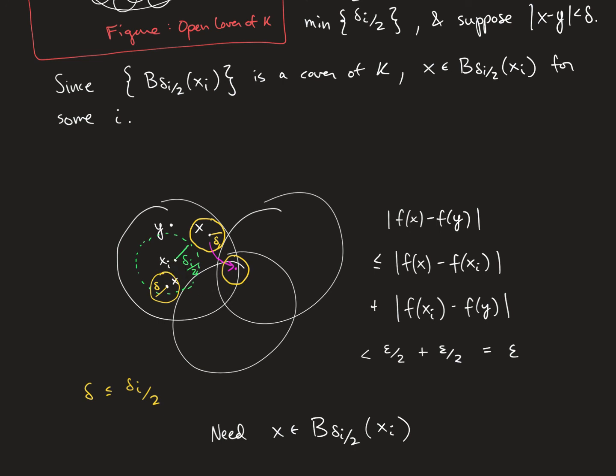As long as y was in the ball of radius delta i around xi, we could use the triangle inequality and we'd have epsilon over 2 plus epsilon over 2. So as long as x is within delta i of xi, this difference here is less than epsilon over 2. As long as y satisfies the same condition, we also have the epsilon over 2.